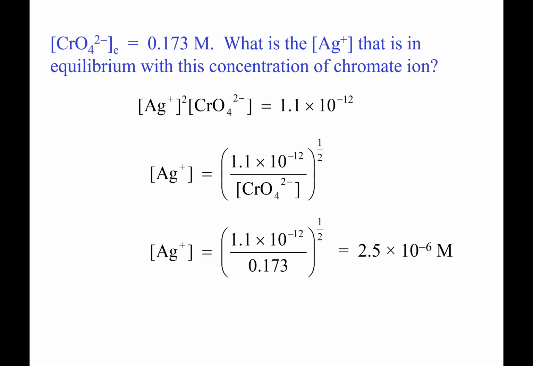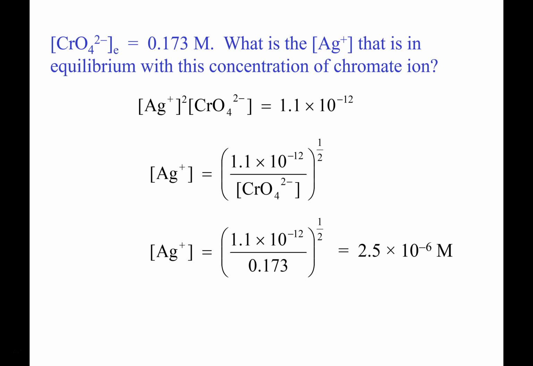So at equilibrium, the amount of silver ion you have left in there is 2.5 times 10 to the negative 6th molar, which is a pretty good premise. We said that all the silver ion will precipitate out.